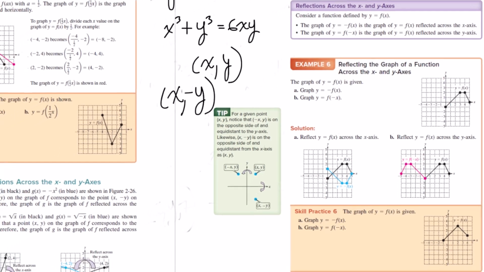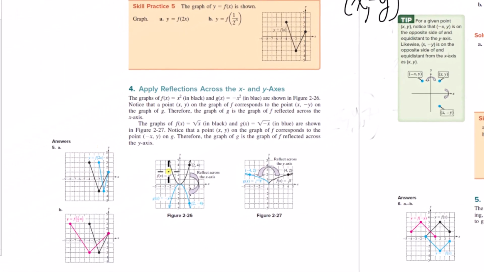Think about this. Here's f of x equals x squared, so y equals x squared, you could say. You say minus y equals x squared. Every y value, you're mirroring over here. You're saying this is y, now I'm going to make it minus y. It's reflecting about the x-axis.